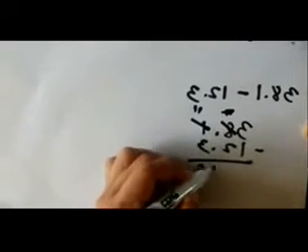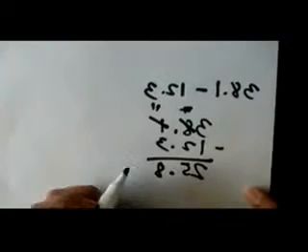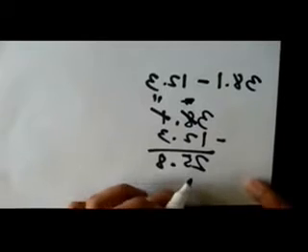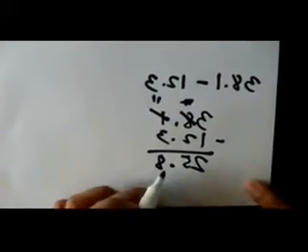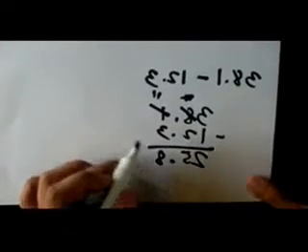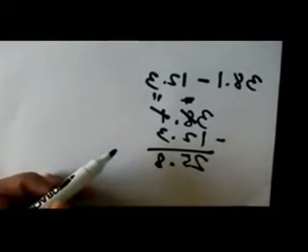Then we can proceed. 11 minus 3 is equal to 8. The decimal point would be brought down. Then 7 minus 2 is equal to 5. 3 minus 1 is equal to 2. The answer is 25.8. This 25.8 has 3 significant figures, which is similar to the number of significant figures in the given equation.